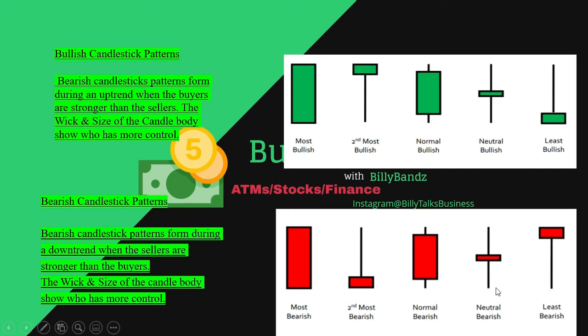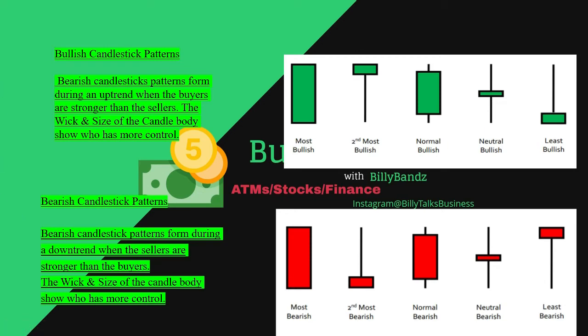This is neutrally bearish because there's equal strength between buyers and sellers. Normally bearish. This is the second most bearish because the sellers are pushing the price down. And this is the most bearish, which means the sellers have the most control in this candle.